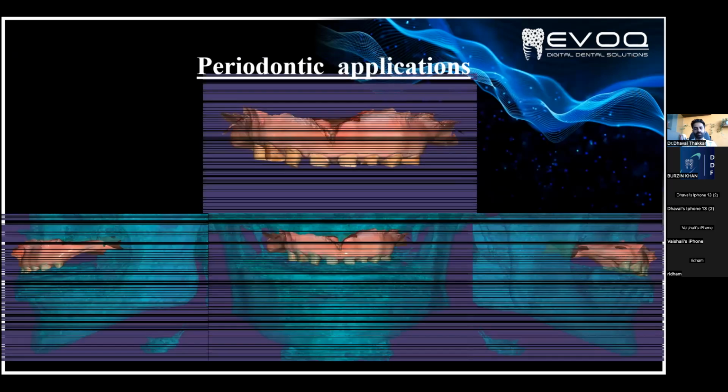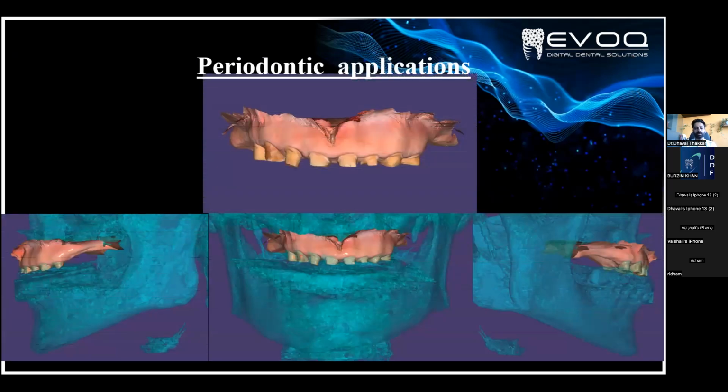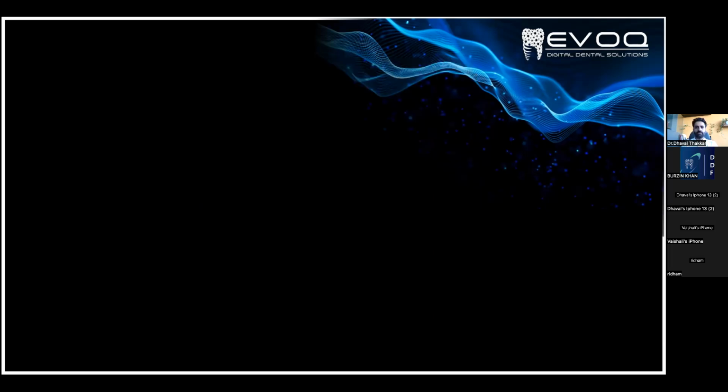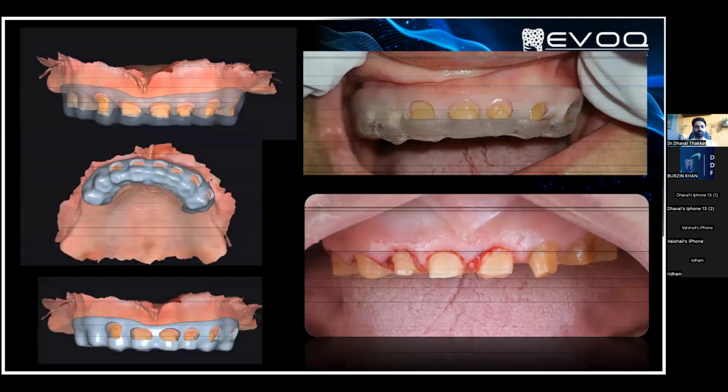In perio, we can do a surgical guide, or we can say gingivoplasty guide. So we did a scan of this patient, an intraoral scan with the MEDIT scanner. Then we got the CBCT of the patient. We matched the soft tissue and hard tissue data in the Exocad software. Then we evaluated how much free gingiva is over there and how much gingivoplasty can be done. So accordingly, we designed the gingivoplasty guide.